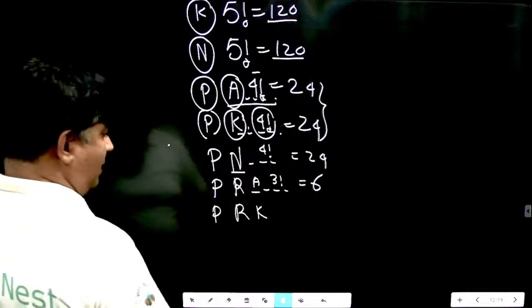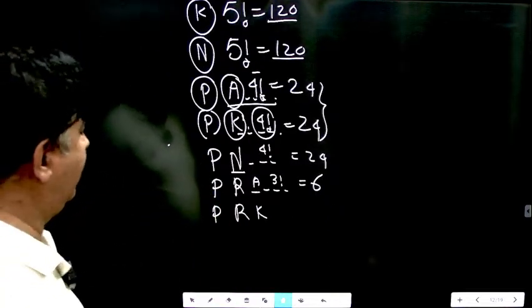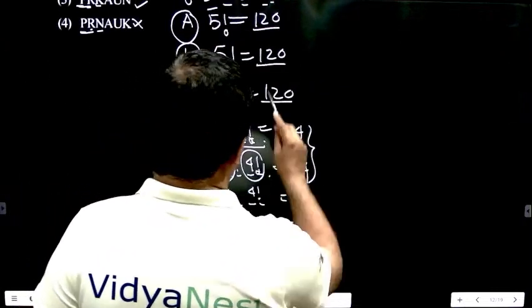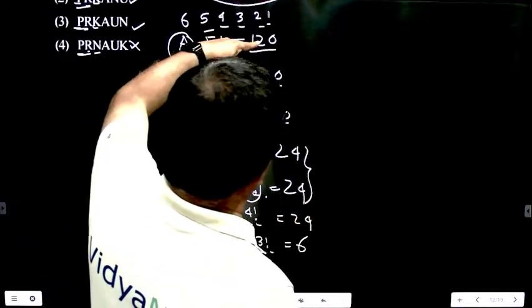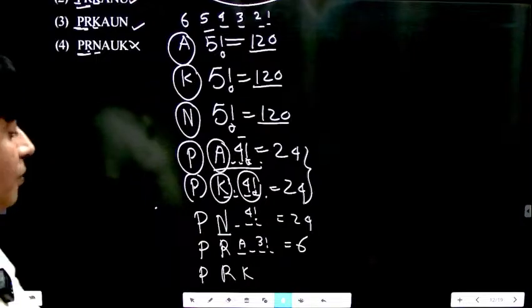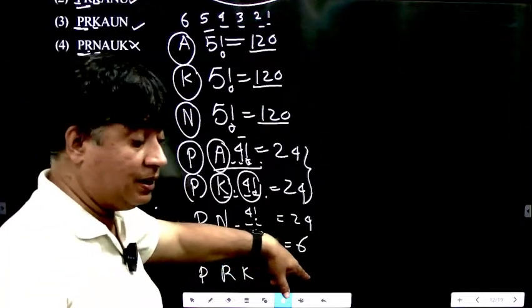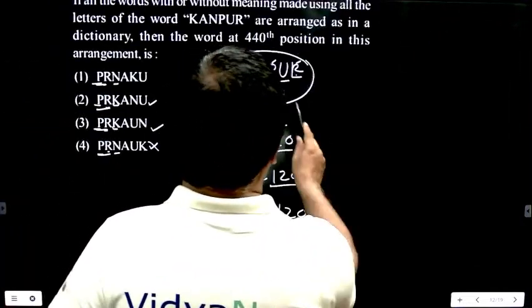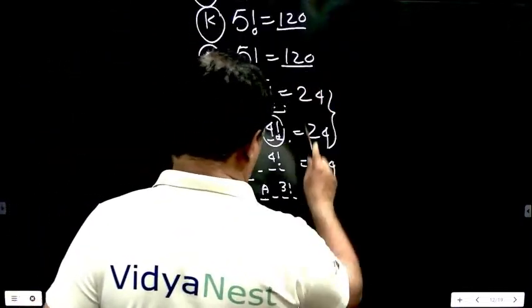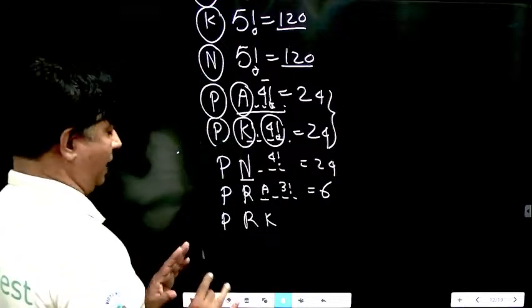Once you fix K, then you observe, till now how many arrangements have you got? 120, 120, 360, 360 and 72, 432, 438. That means the 440th position we have nearly occupied.